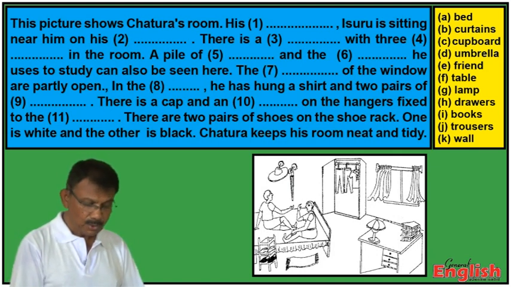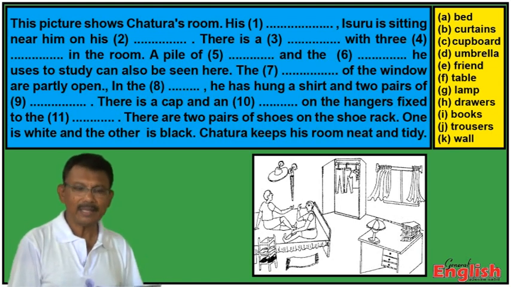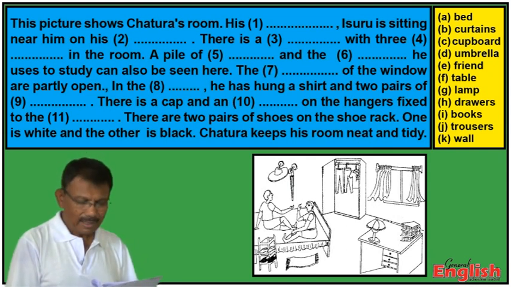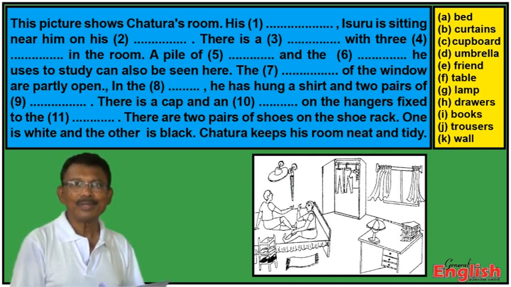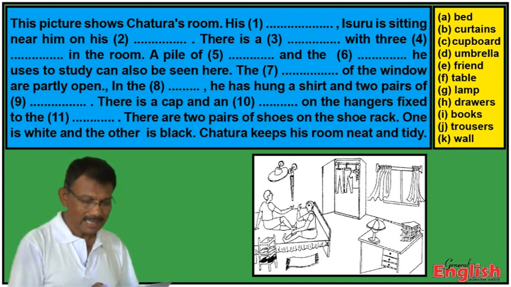A pile of books and the blank he uses to study. The what? The lamp. The lamp he uses to study. He uses a lamp to study. Why? When he is studying at night, he uses a lamp.